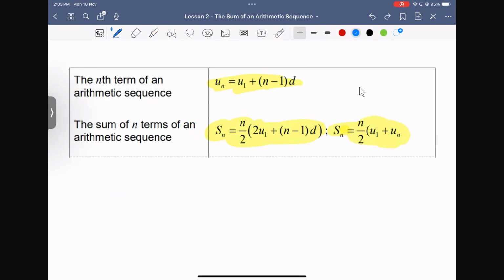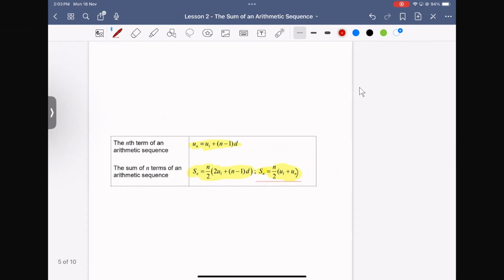Missing a little bracket there. I find it easiest to remember the one on the right. I find this one fairly easy to remember. The other one, you can just see it on the formula sheet.